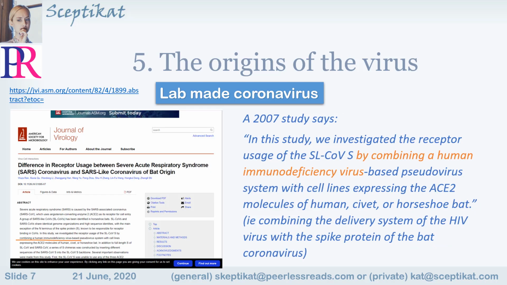A 2007 study says, "In this study, we investigated the receptor usage of the SL-CoVs by combining a human immunodeficiency virus-based pseudovirus system with cell lines expressing the ACE2 molecules of human, civet or horseshoe bat," i.e. combining the delivery system of the HIV virus with the spike protein of the bat coronavirus.